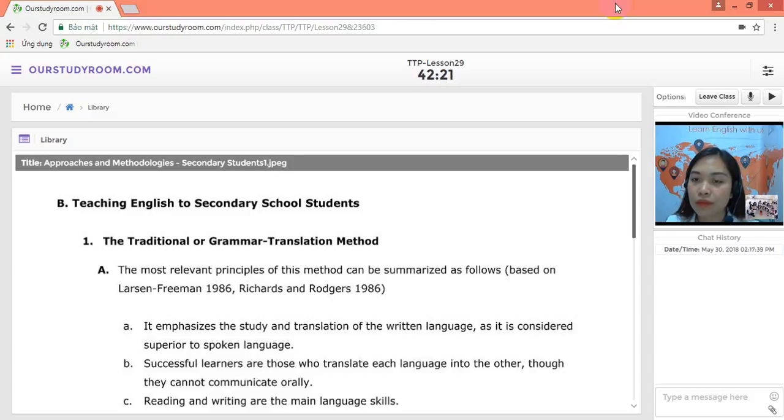In the grammar translation method, students learn grammatical rules and then apply those between the target language and the native language.